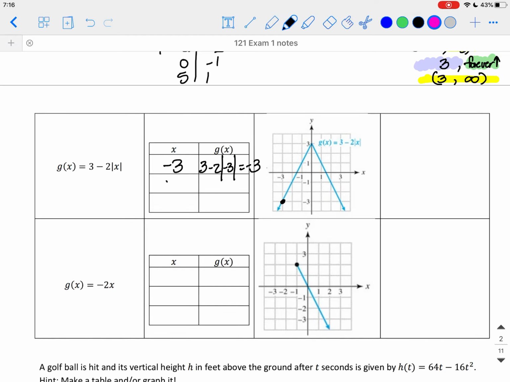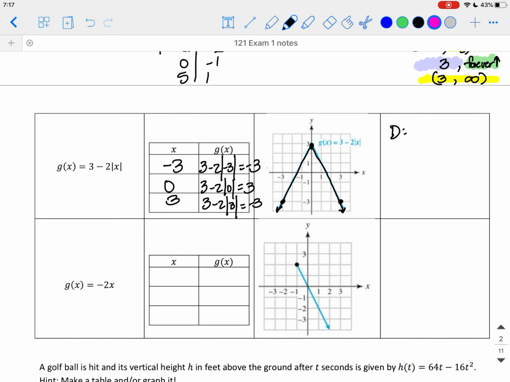And for 0, 3 minus 2 times the absolute value of 0 would give you 3, which is that point. And for positive 3, we get 3 minus 2 times the absolute value of 3, and we get negative 3 again. It's this point right there. And then you would connect the dots, even though the graph was given to you since the beginning.